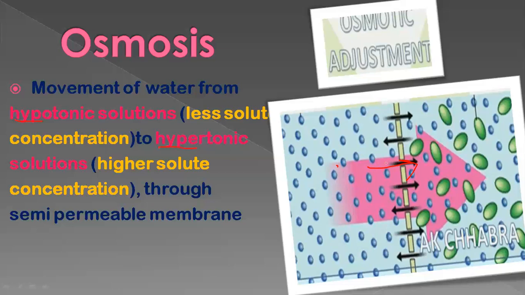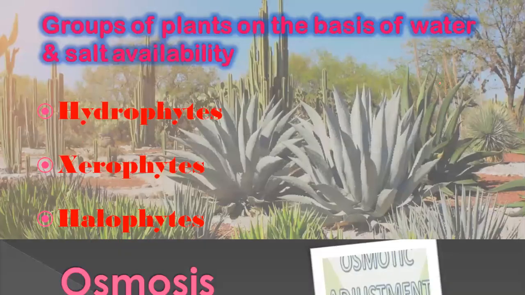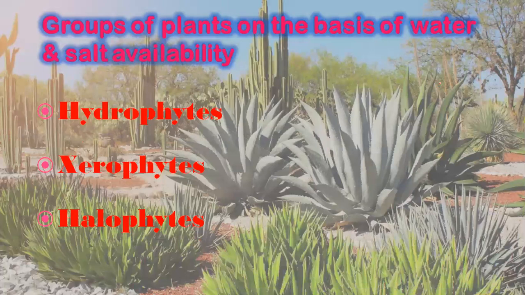To compensate for this situation, in the plant the water molecules move from lower solute concentration to higher solute concentration to make it isotonic, and this is very important for its survival. Now we will see how plants do this process, osmotic adjustment.